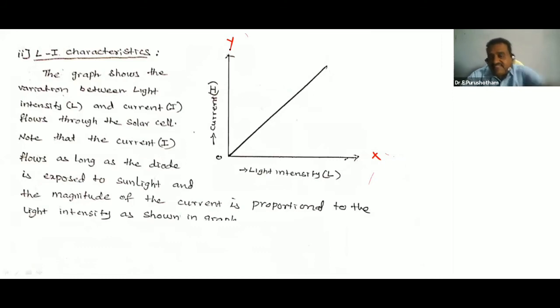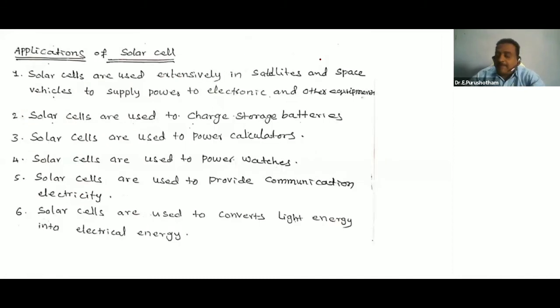If light rays are allowed to fall on the junction, the light intensity is directly proportional to current, as shown in this figure. So as light intensity increases, current also increases sharply. That is the graph.